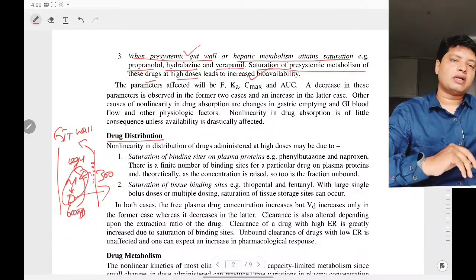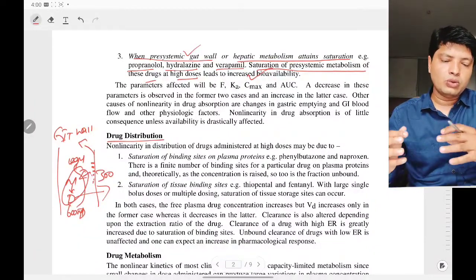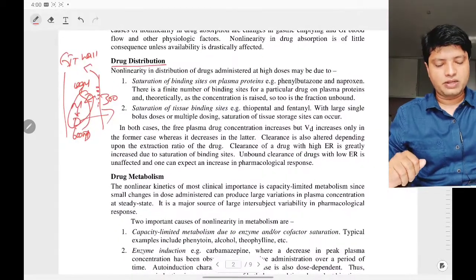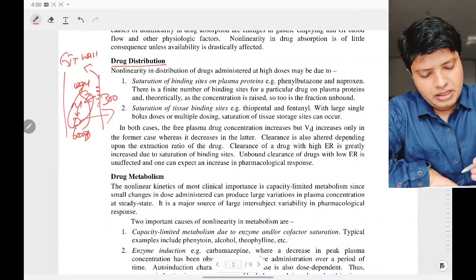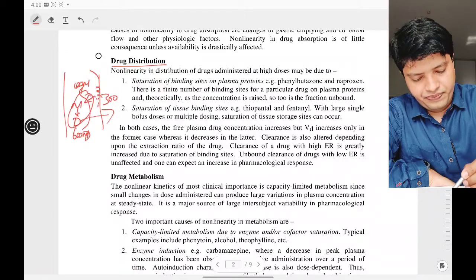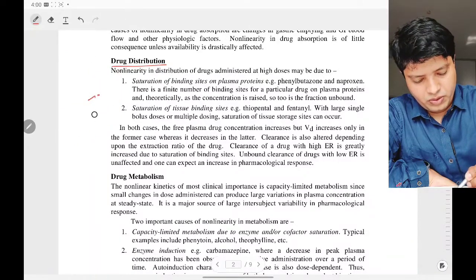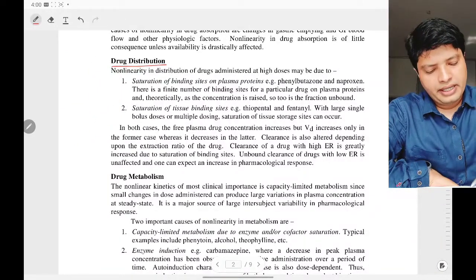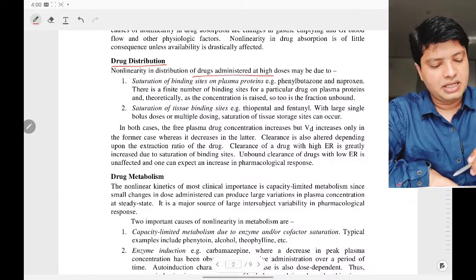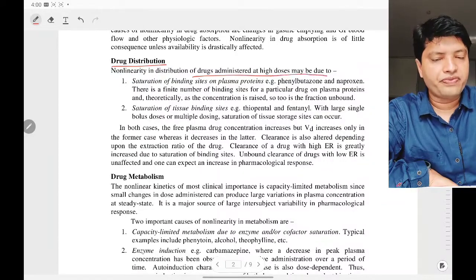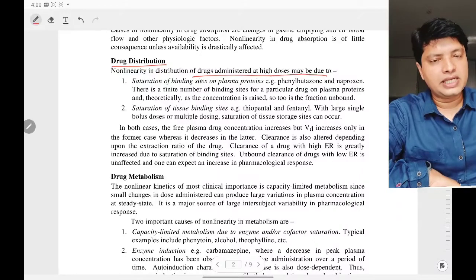Distribution of drug. Now we will see the sources of non-linearity through drug distribution. Non-linearity in distribution, if the drug is administered at high dose, we can see it.